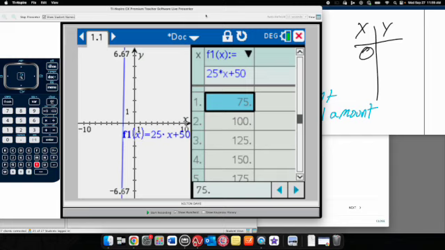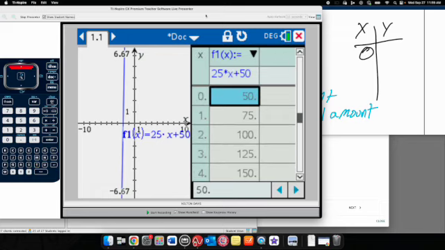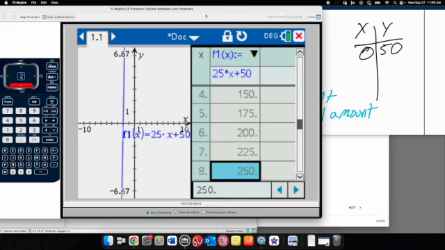So if he works 0 hours, find when x is 0 for me, sir. How much does it still cost me? $50. What's the most amount of hours this electrician could work now? 8. Go ahead and go down to 8 for me. Find 8 on our table. And now it's going to cost me upwards of $250.